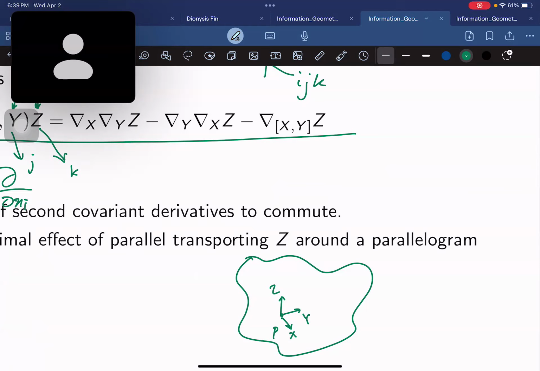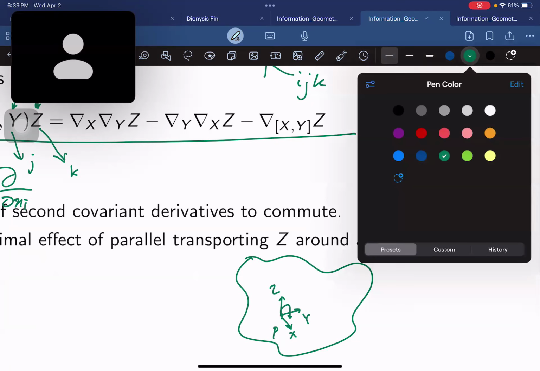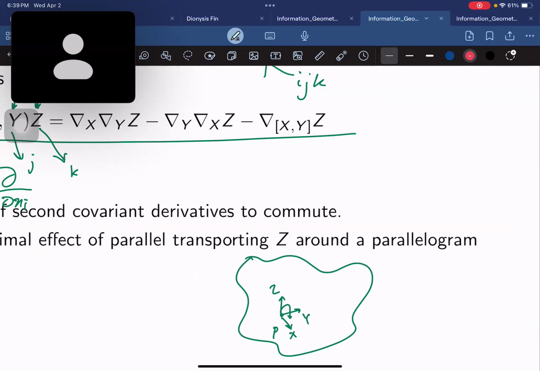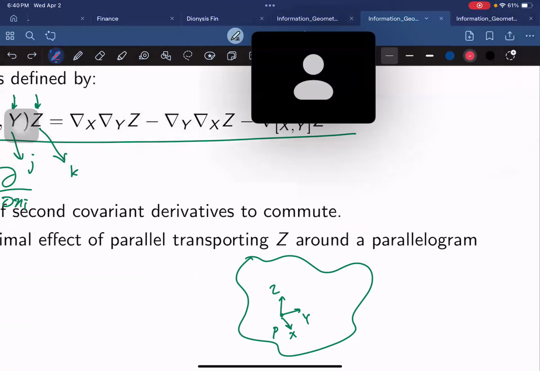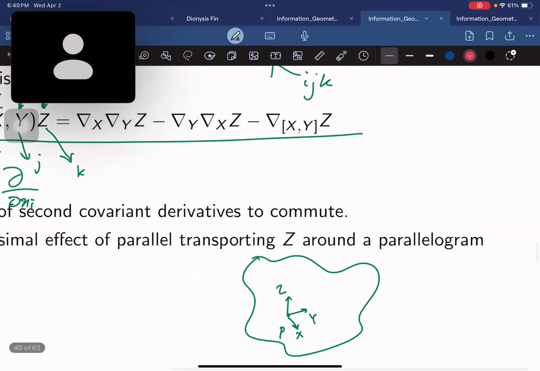If I change Z with respect to Y and then change it with respect to X, it's like going in this direction. Maybe it's better to show it with another color. So this is the first vector.